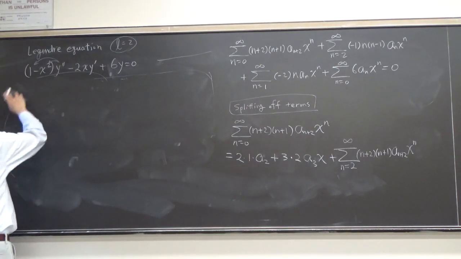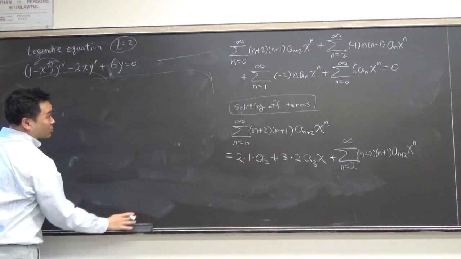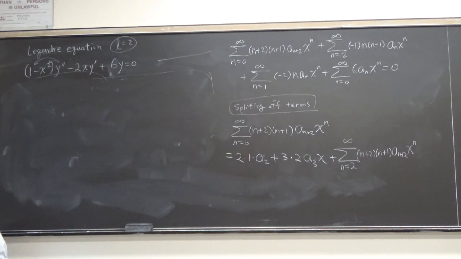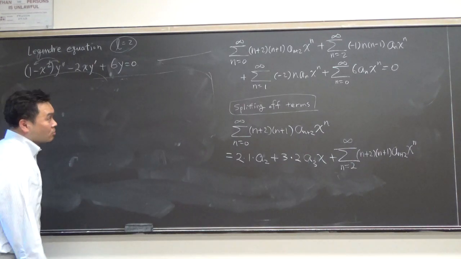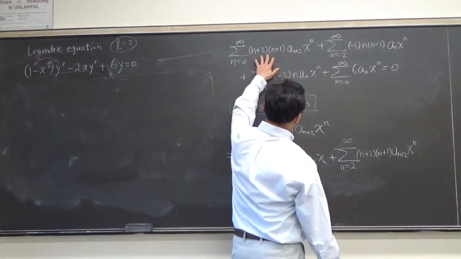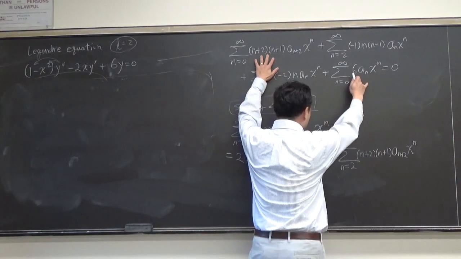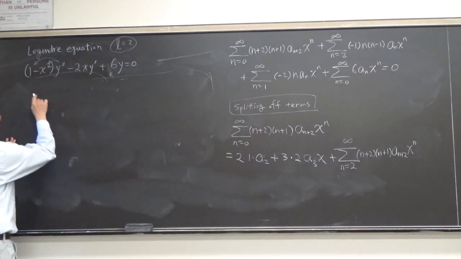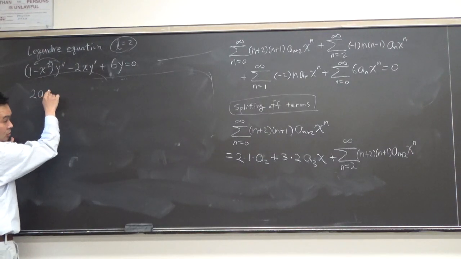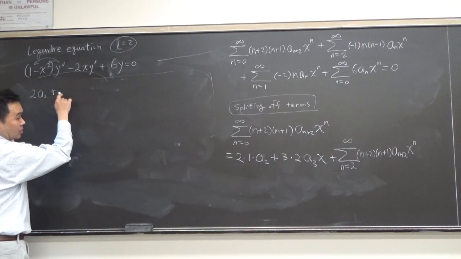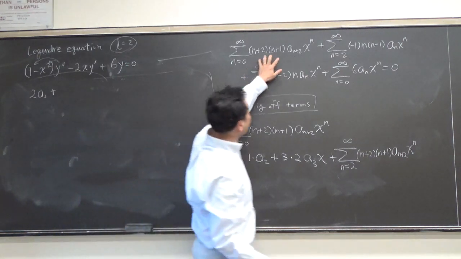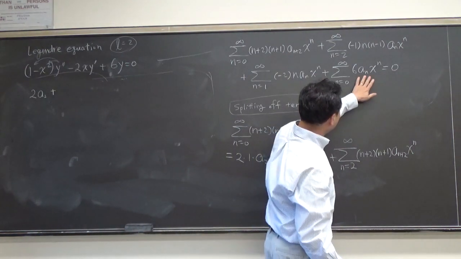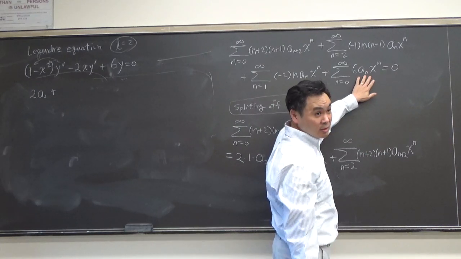Okay, if you split off the terms that correspond to n equals to 0, for n equals to 0, there's something coming from here and there's something coming from here. What are those? So we already know that one. It's 2a2 plus, okay, so that's 2a2, that's 2a2. When n is 0 here, what do you get?